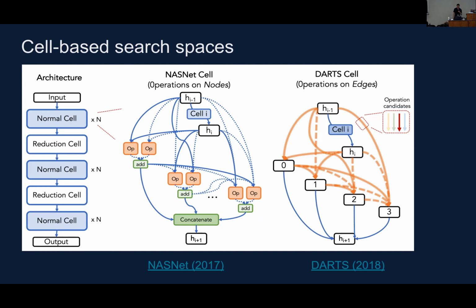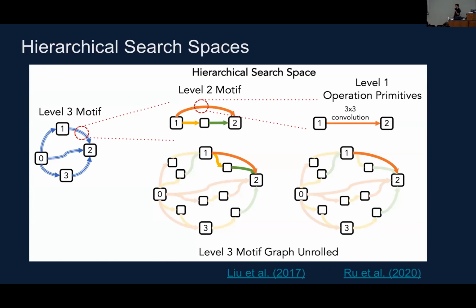Okay. And finally, the third type of search space I'll talk about are hierarchical search spaces. I believe these are an up and coming technique because the computation is still relatively tractable. There are not so many hyperparameters, but they can be very expressive and have a very diverse set of architectures.